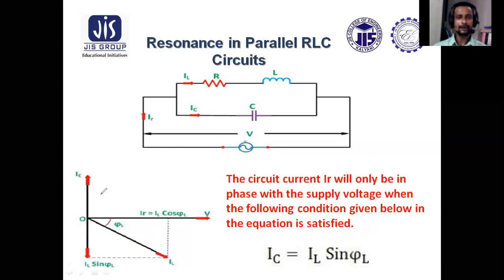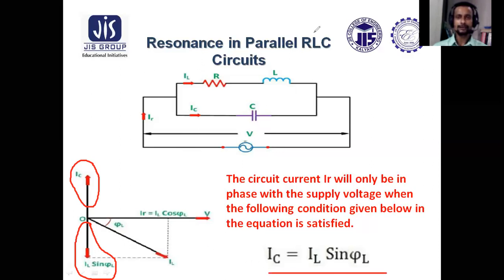Now for purely resistive circuit, what happens? For purely resistive circuit, voltage and current should be in same phase. So this negative current should neutralize the capacitor current. So if IC becomes equal to IL sin phi L, then only the circuit would be said to be at resonance.